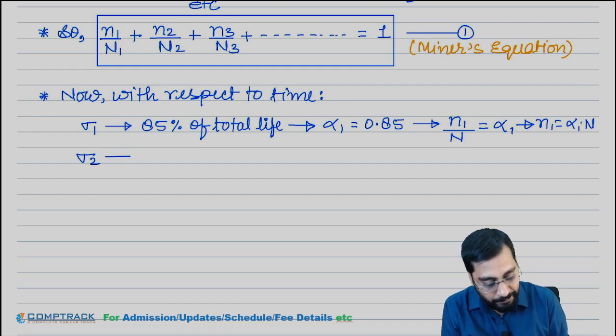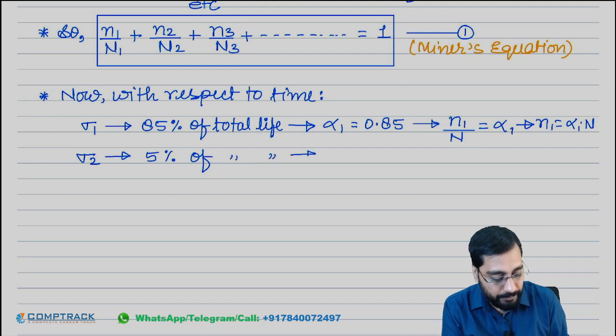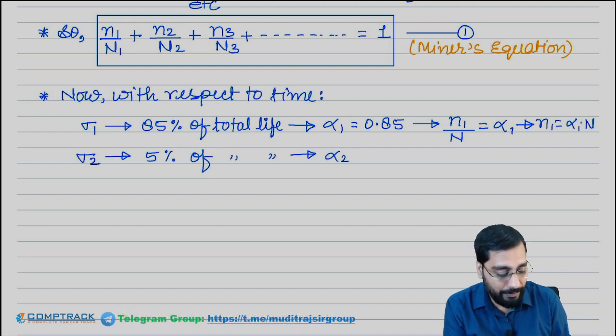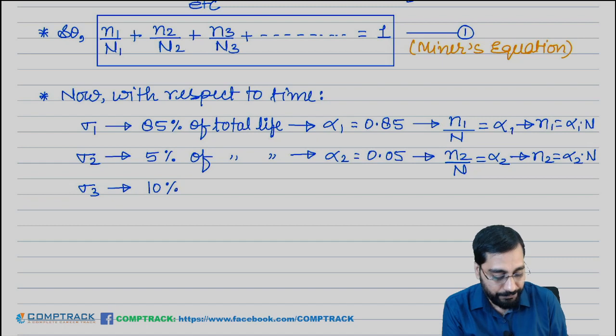Similarly, let's say under the stress sigma 2, 5% of total life is covered, then alpha 2 will become 0.05. So n2 by total N will become alpha 2. So here n2 will become alpha 2 into N. And third, for 10% of total life, sigma 3 stress is applied.